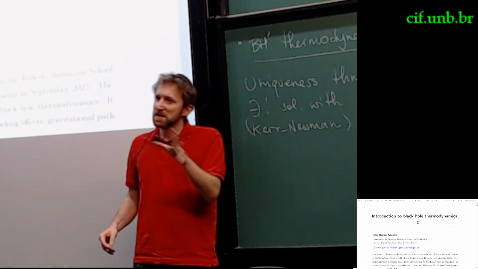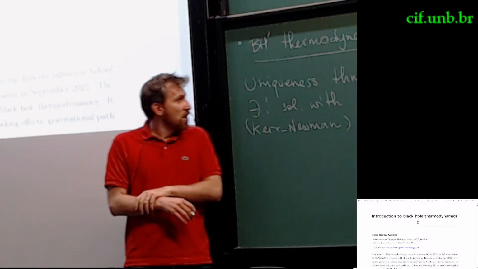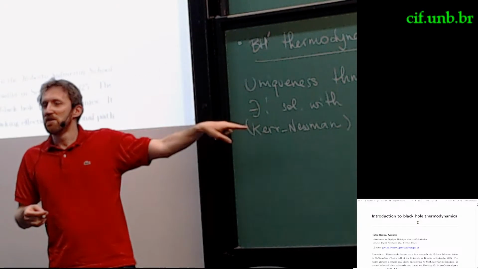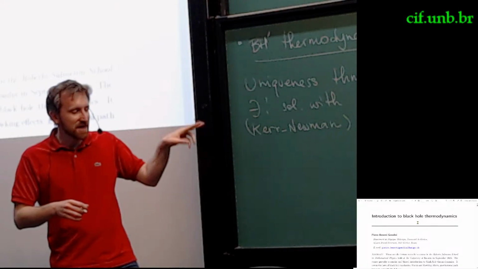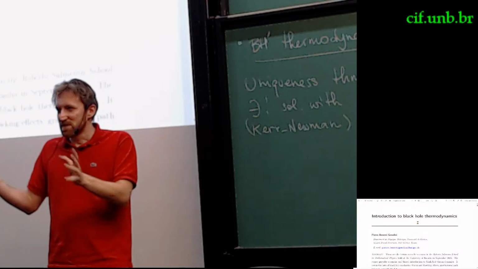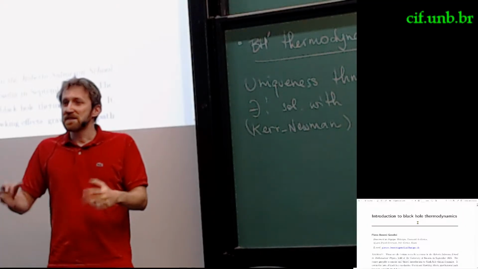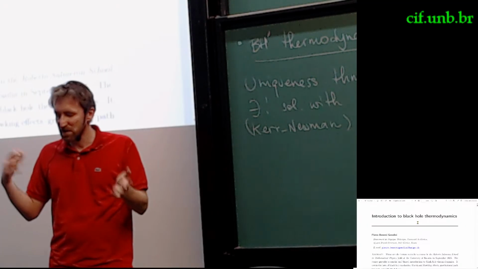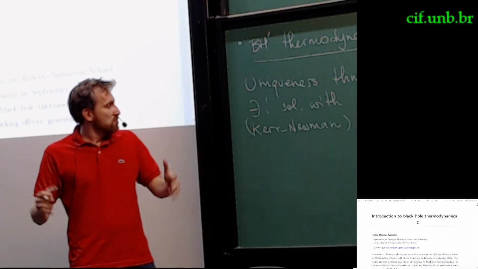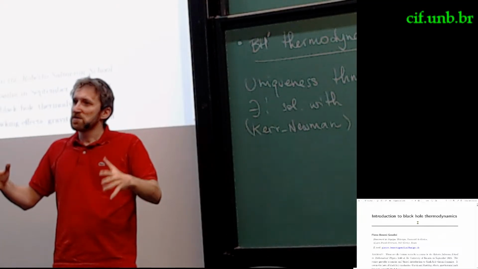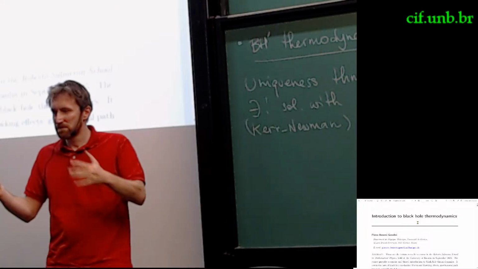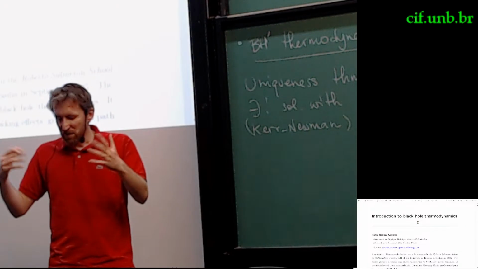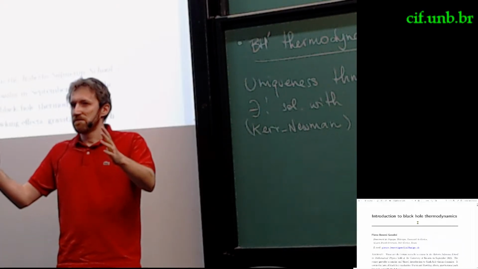He knew that the year before his paper, Hawking had proved what I called yesterday the second law of black hole mechanics, which at the time was just called the area theorem. That is, if you have a strongly predictable asymptotically flat spacetime, a black hole, then the area of the event horizon for any sufficiently continuous evolution will increase.